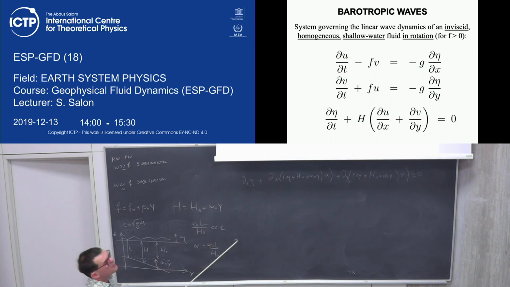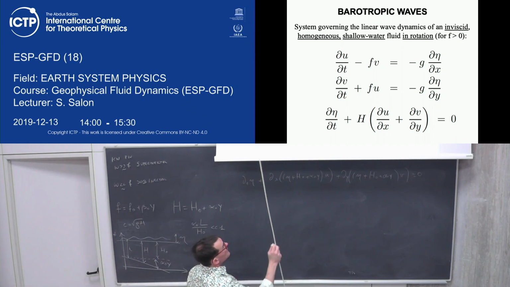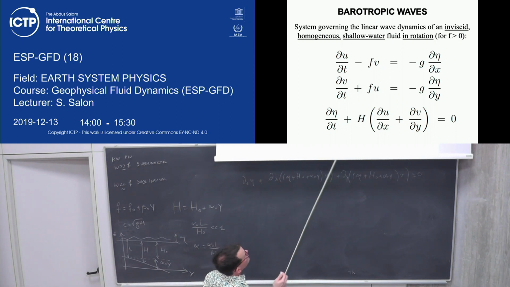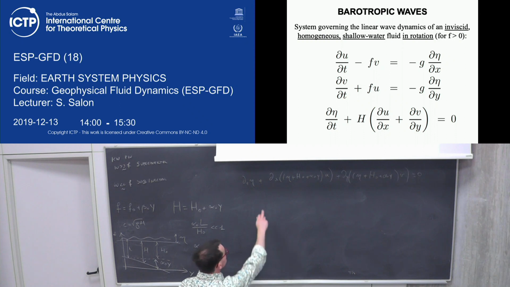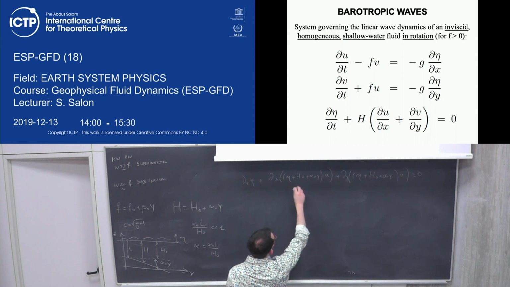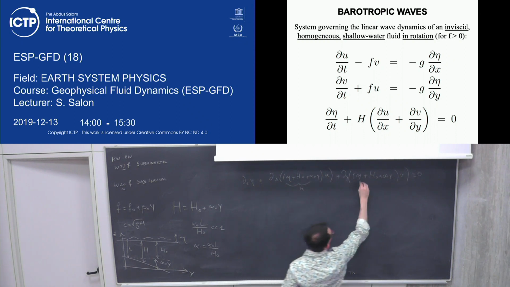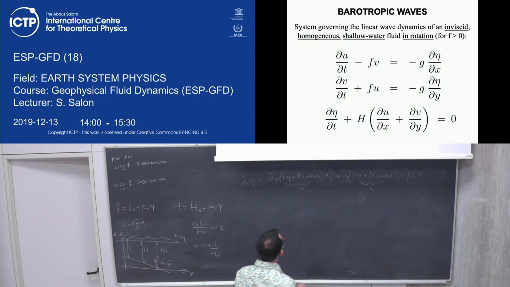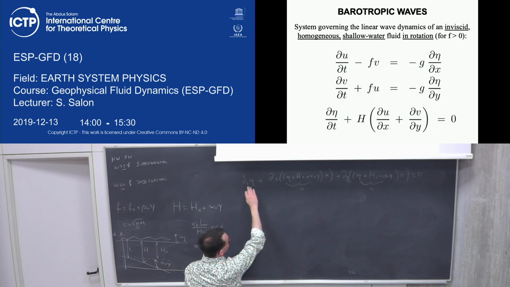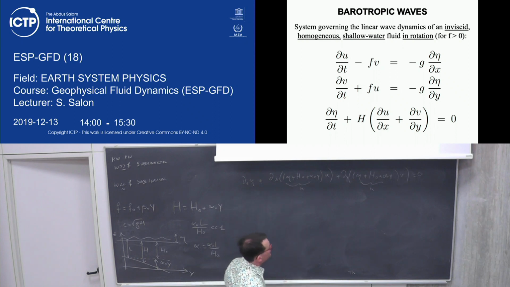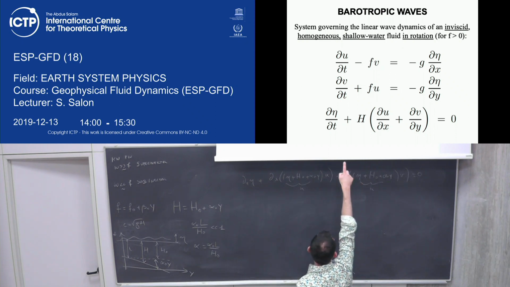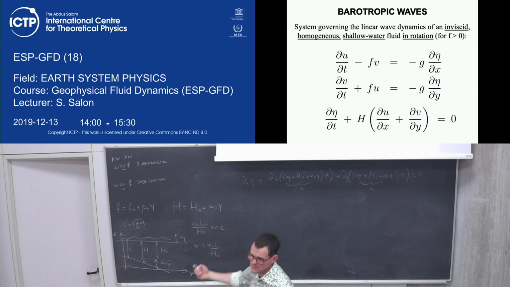So we have to consider the real one, the one which comes from the shallow water model, and start from this. This is the equation that we had from the shallow water model. Then we arrive at the other one by making some approximation, which in this case is not useful. So we have to be a little bit careful.